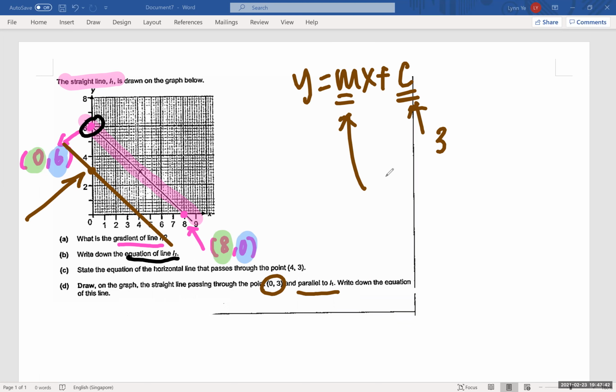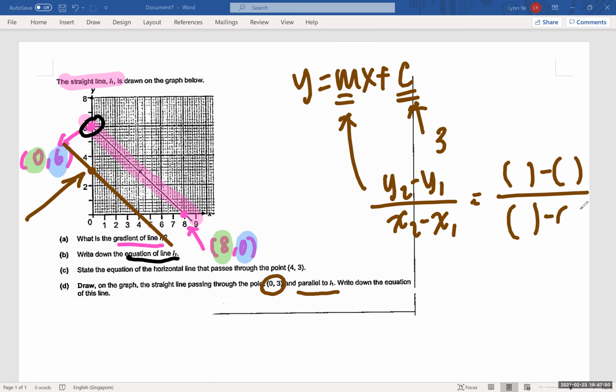My gradient will always be the formula y2 minus y1 over x2 minus x1, which is bracket minus bracket over bracket minus bracket. First thing first, I need to know what this coordinate is. This coordinate will be (0, 3). And next, I need to find this coordinate right here, which is (4, 0). So let's put it in.